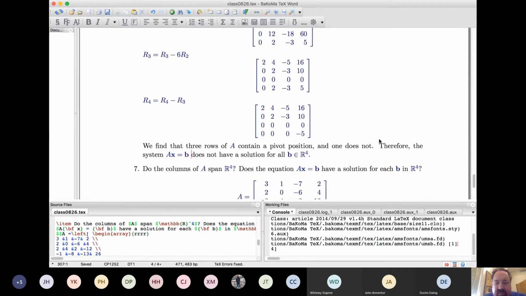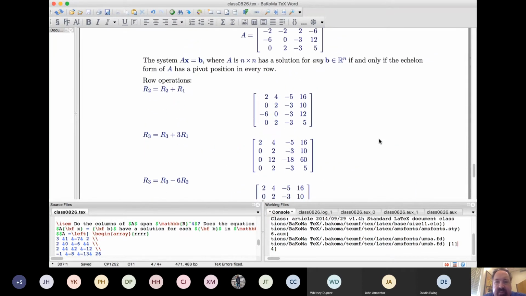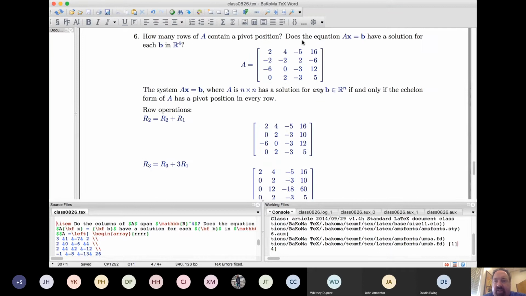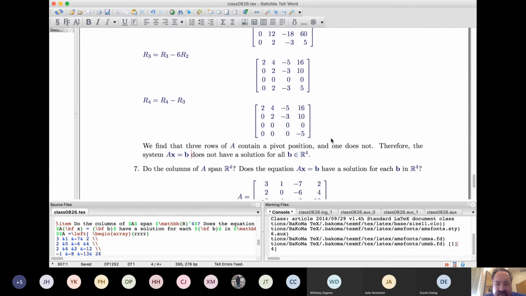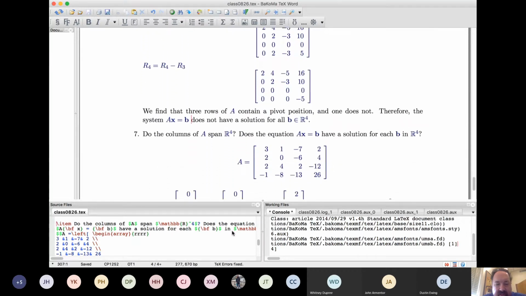All right. So whenever you have the question, does this system have a solution for all possible right-hand sides? Check if there's a pivot position in every row. A row of zeros says there's not.